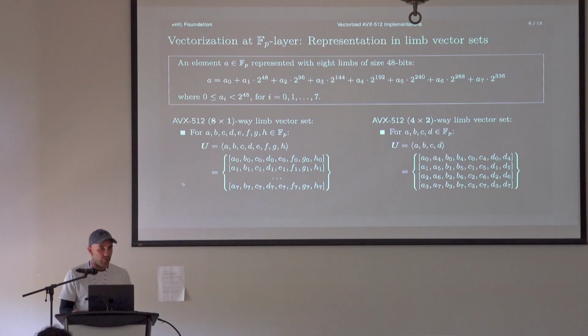But you can also do a 4 times 2 way limb vector set, which means that you can use 2 columns to store all the limbs of one integer. For example, in this case, you have columns 1 and 2 containing all the limbs that correspond to integer a.